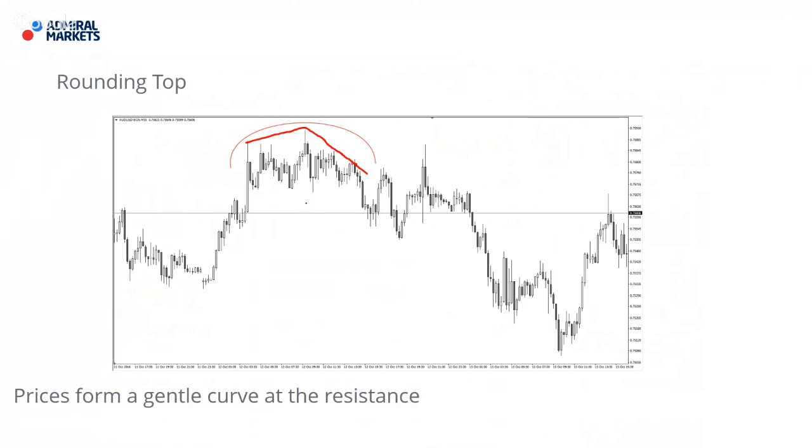Now, what is the confirmation of this pattern? It's a simple trend line break. When you see that this pattern has been formed, you just wait for a trend line break. In this case, this is trigger happy, this is retest, and below this point we have a continuation trade.